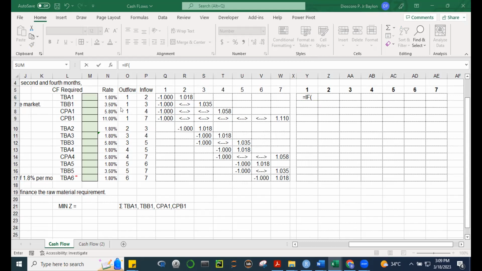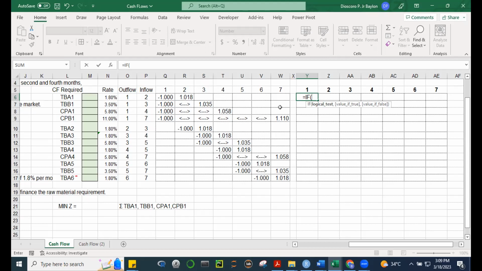All right, at this month 1, is TBA1 an outflow or an inflow? Or is it something else? What's TBA1? Outflow, no? How do we know it's an outflow? Cell 06. Yes, 06. This information tells us that on month 1, TBA1 is an outflow.